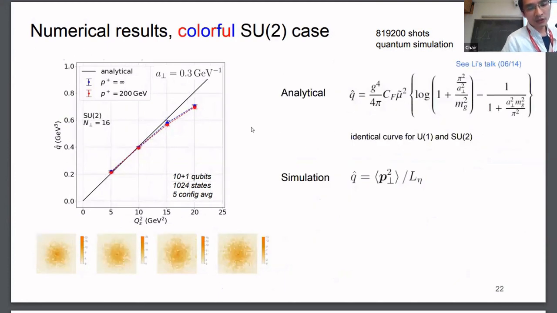And in this slide, I show you the colorful case. So we consider the SU(2) color here, and we show both the eikonal limit and sub-eikonal limit. We have to use one more qubit to encode the color, and a color average is also being used.